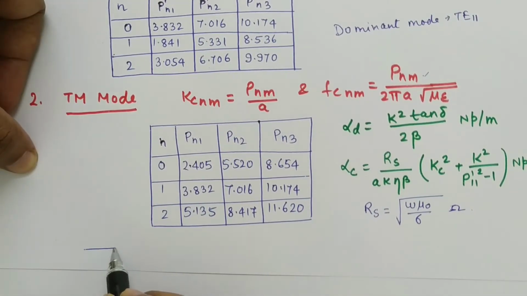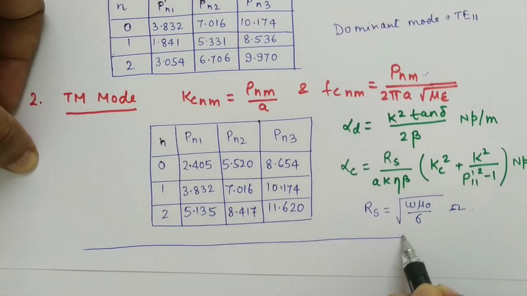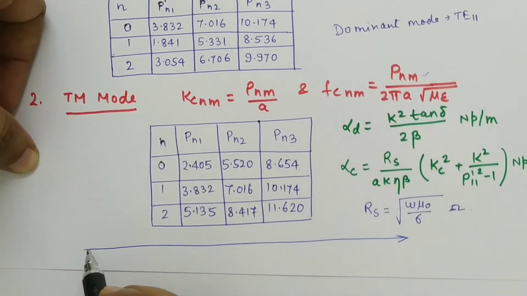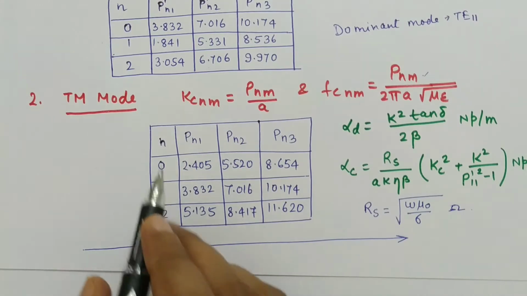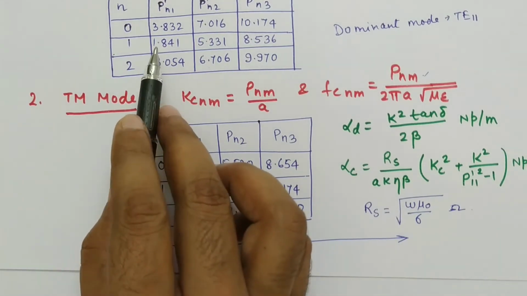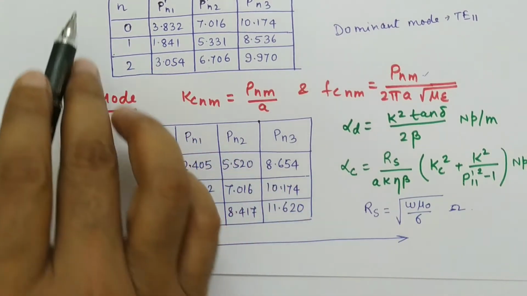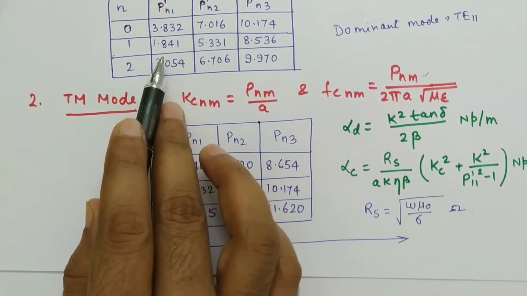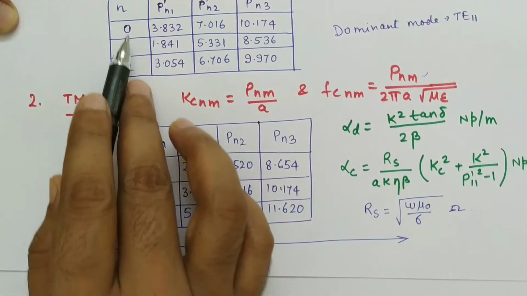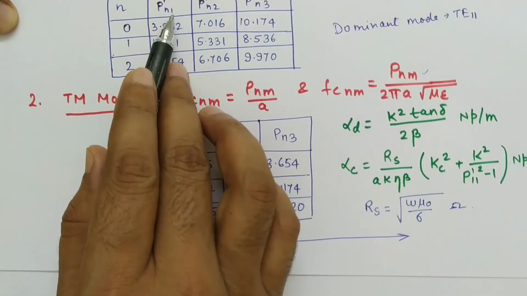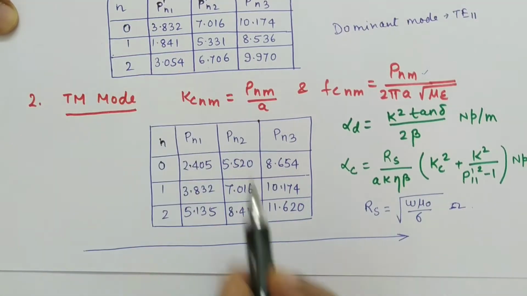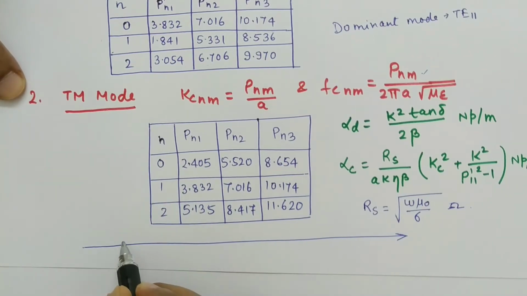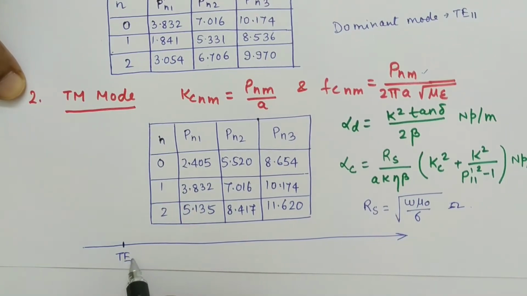and we can arrange the modes in increasing order of cutoff frequency. First of all, we have to see which one has the lowest value. In TE mode the lowest value is 1.841, so this mode is TE11, here n equal to 1, 1. So TE11 will have the lowest cutoff frequency.